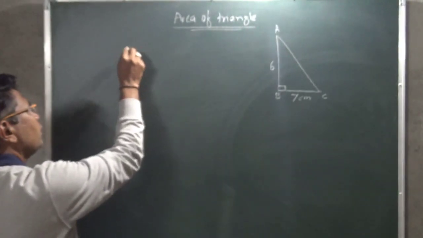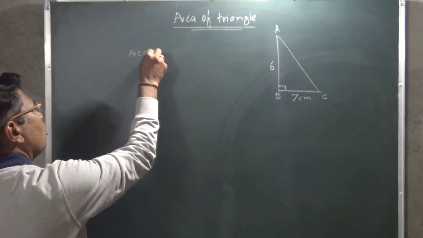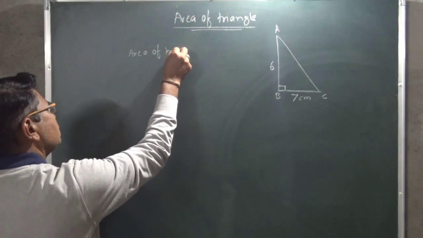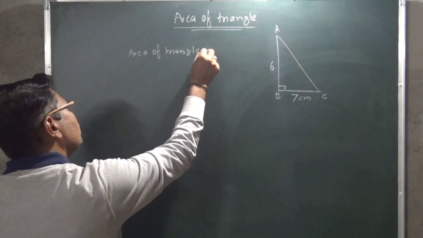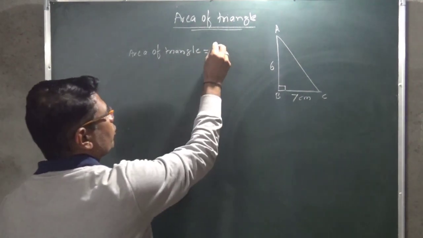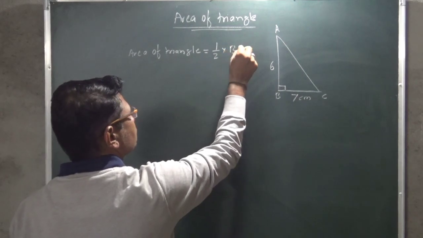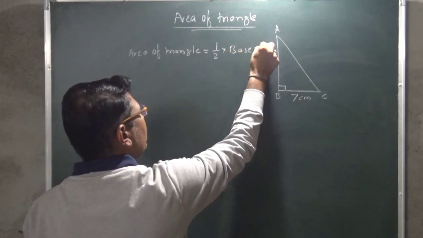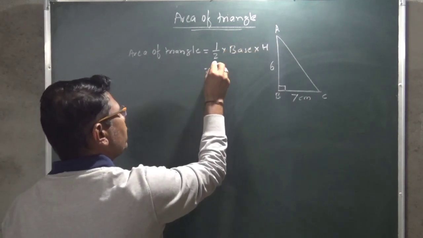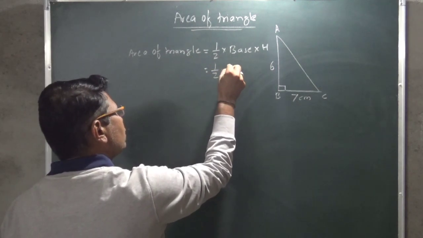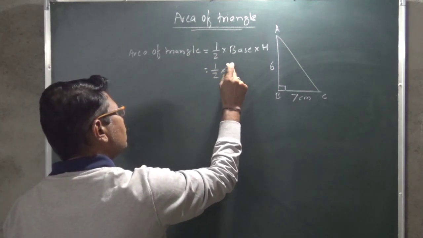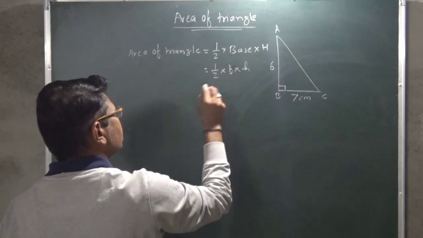Which is the formula? Area of triangle is simply equal to 1/2 into base into height. It's simply written 1/2 into B into H.